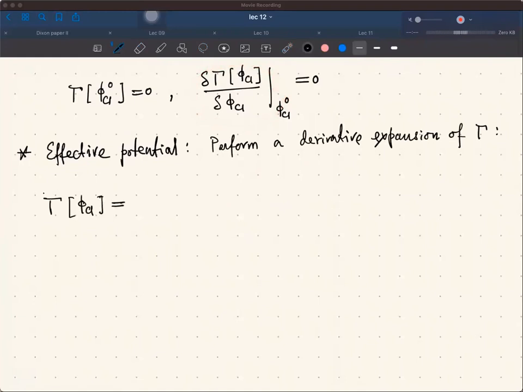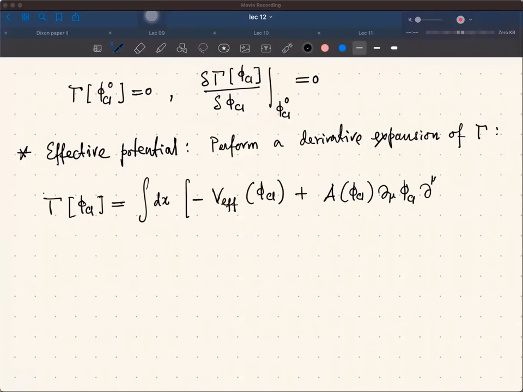What it means is that you write gamma phi CL as an integral dx, and then you write it as an expansion in powers of derivatives. So the leading term will be derivative to the power 0, which means a function of phi CL. Let me call it V effective phi CL. Then second order derivative, say A of phi CL del mu phi CL del mu phi CL.